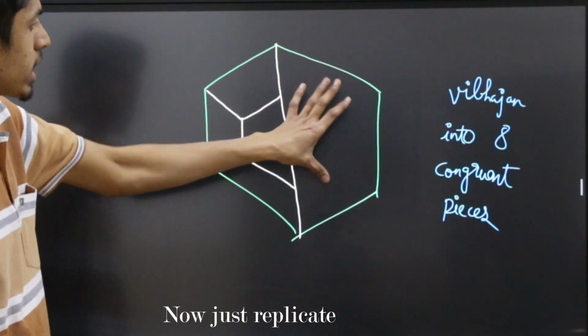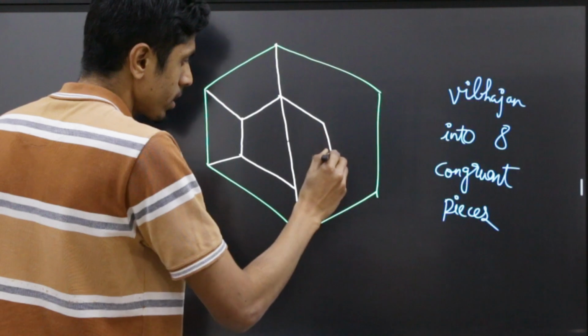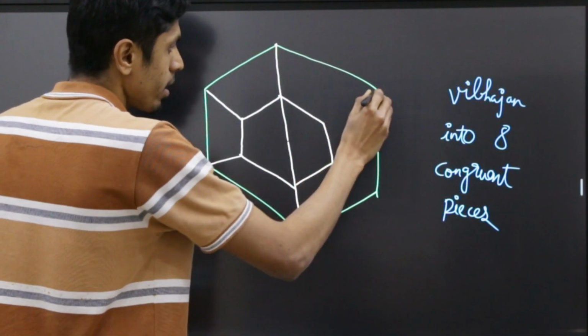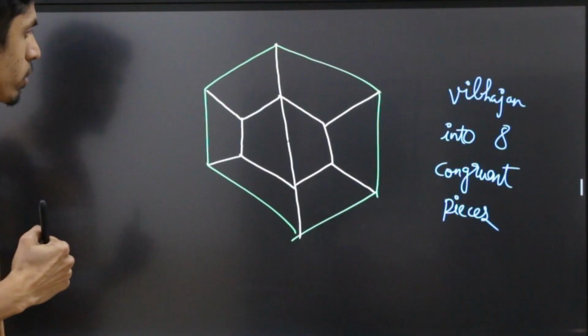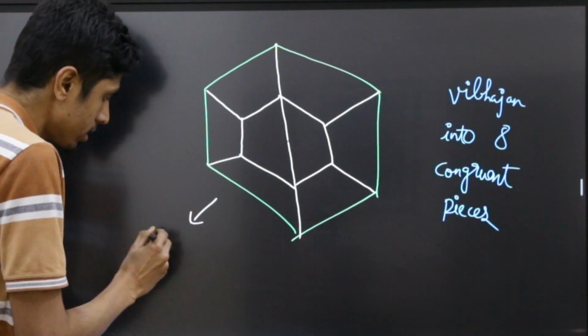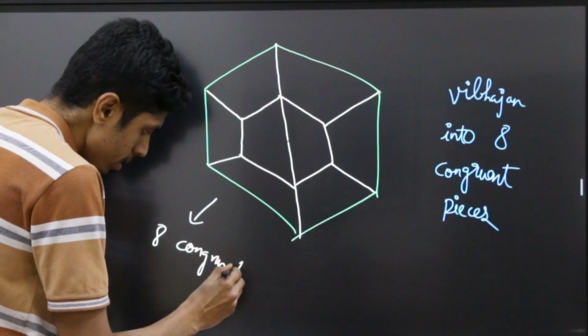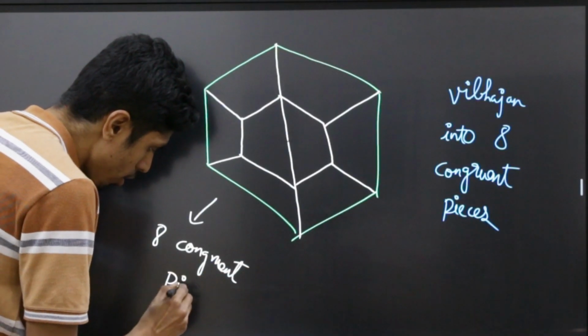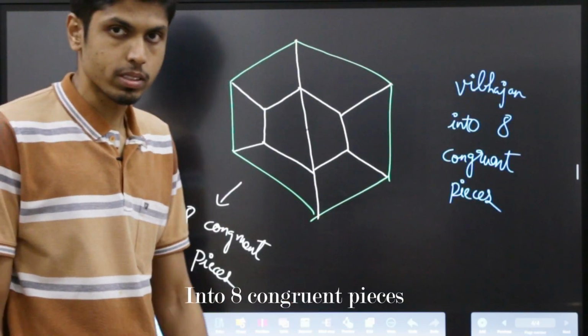Now just replicate this here and you will get the following. Like this. And all the other 3 pieces also look like this. Therefore, we have dissected this into 8 congruent pieces. So this is the Vibhajan of a regular hexagon into 8 congruent pieces.